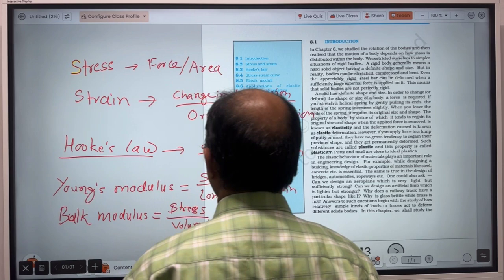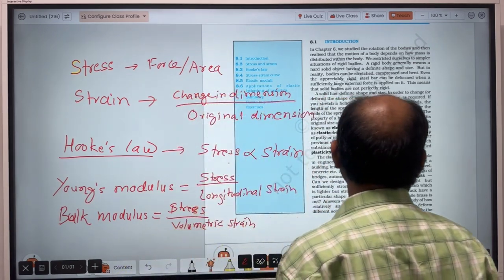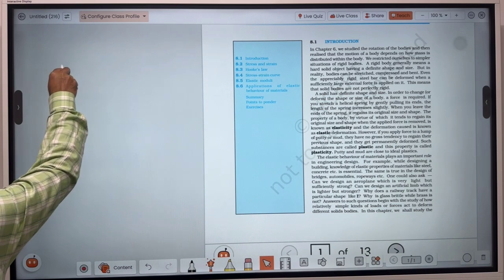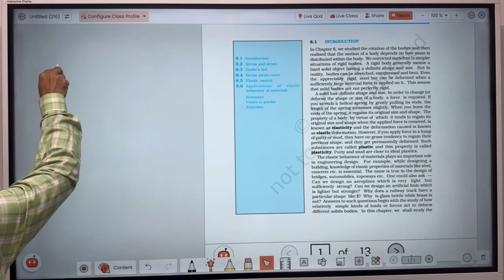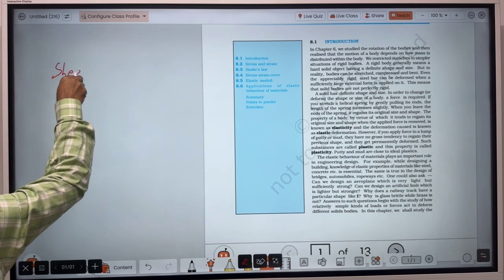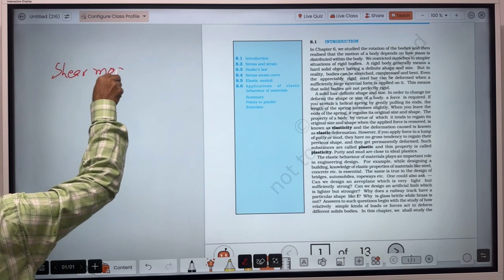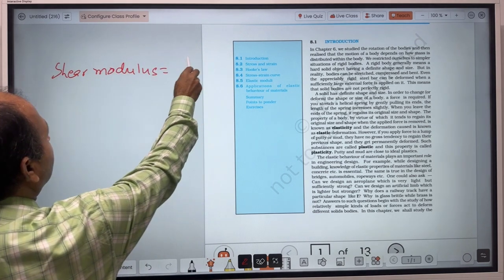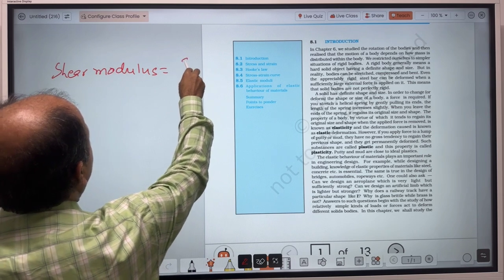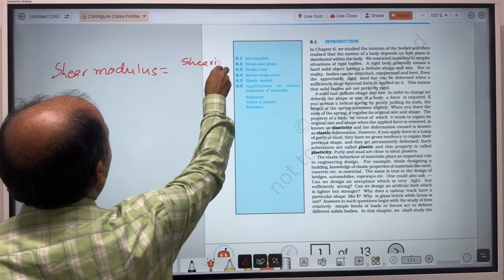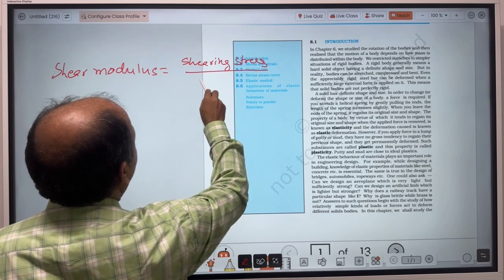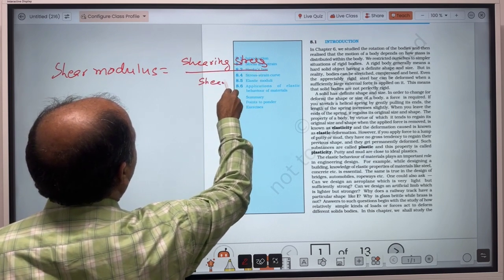Then another will be shear modulus, which means shearing force or shearing stress, divided by shearing strain.